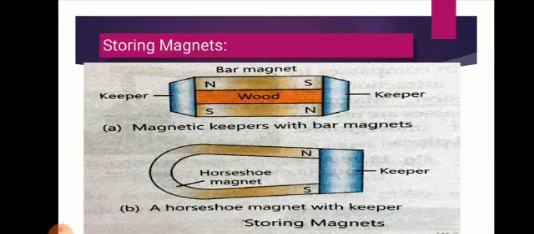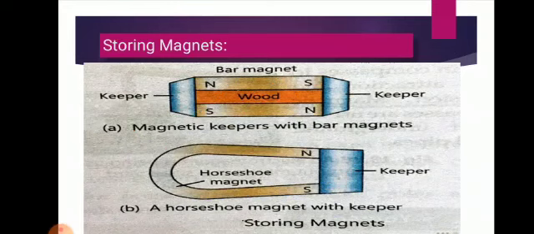That is the keeper, soft iron we are keeping. In the case of a hollow magnet, one should keep a piece of iron called a keeper across the poles. It is made of iron, and for bar magnets they are separated by wood.